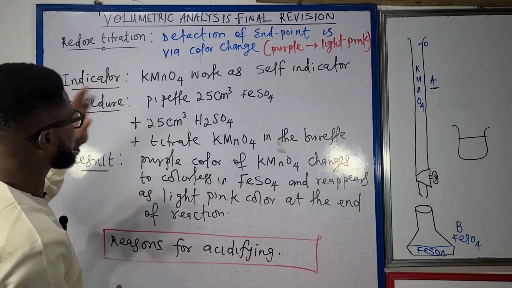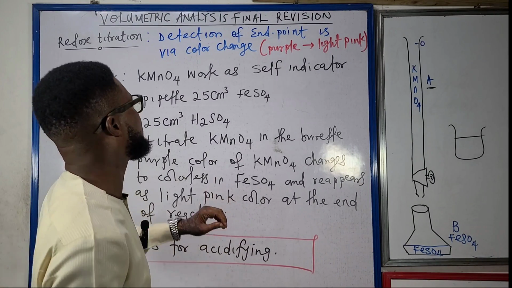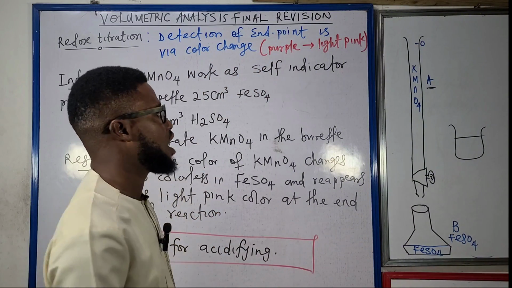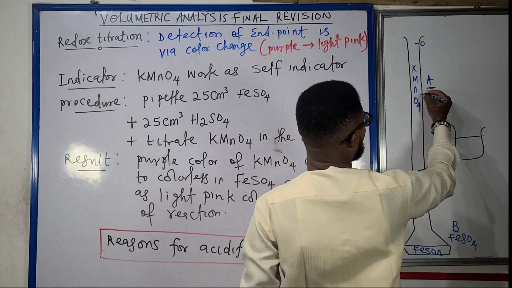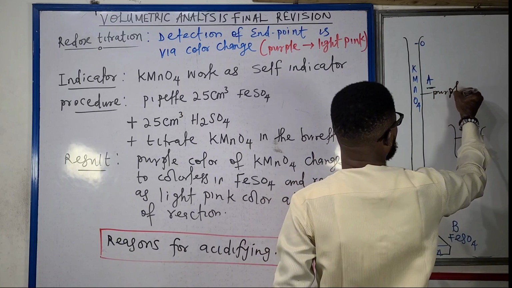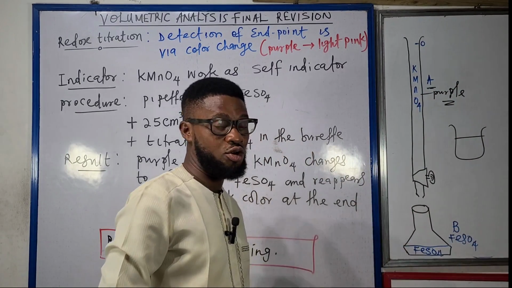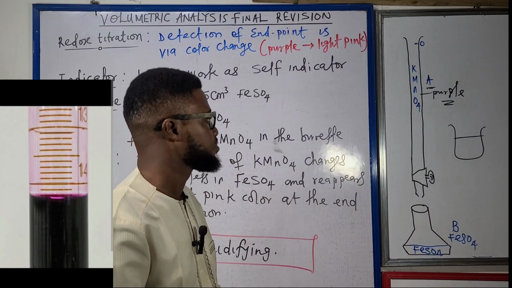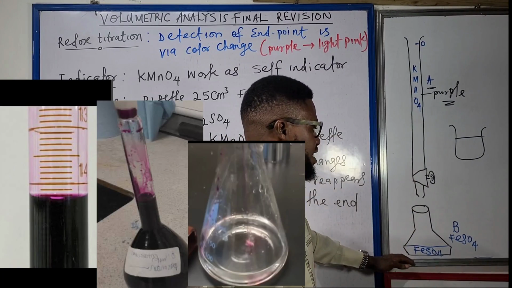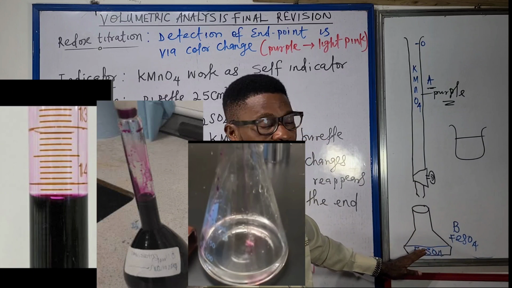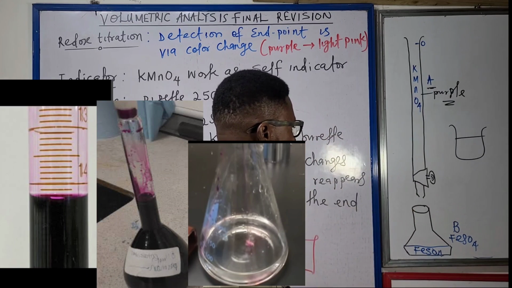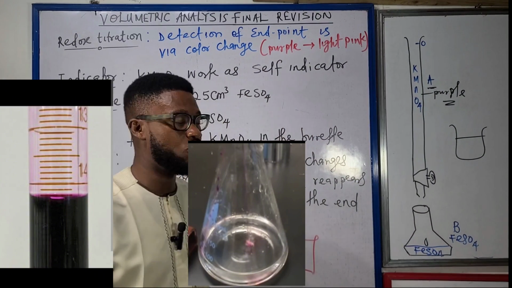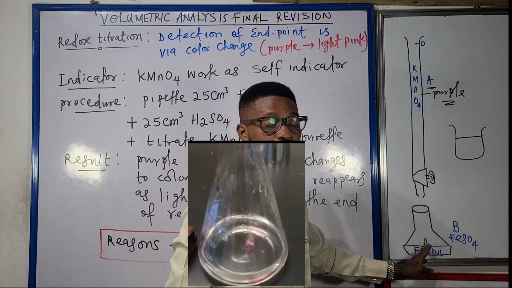In this redox titration, we detect our endpoint via color change. The color of the KMnO4 here is deep purple. But in the course of titrating against iron sulfate, as soon as the KMnO4 gets in touch with the iron sulfate, the deep purple color disappears.